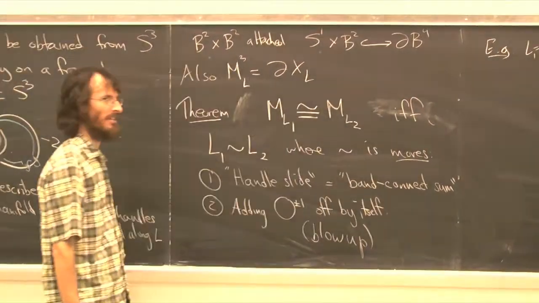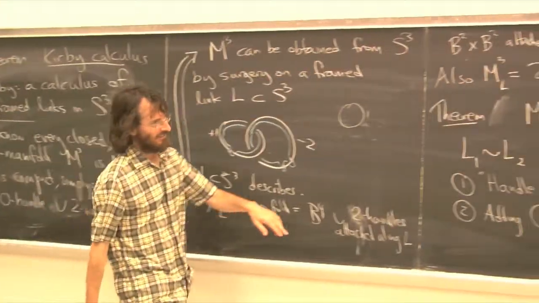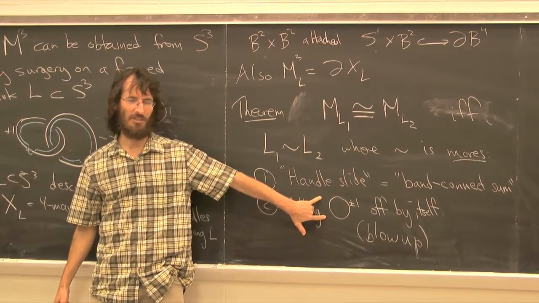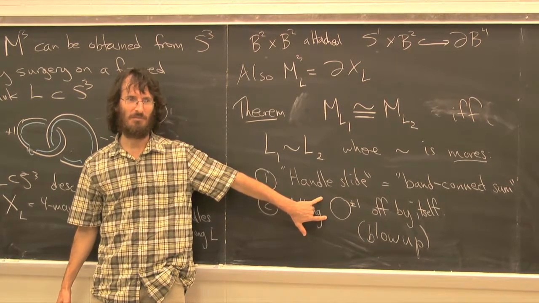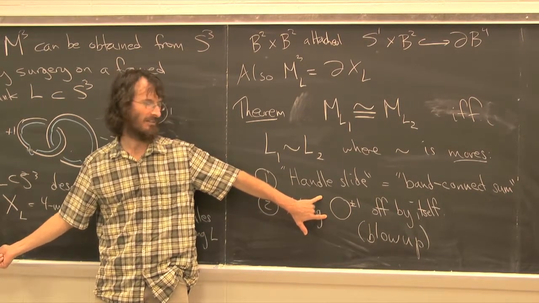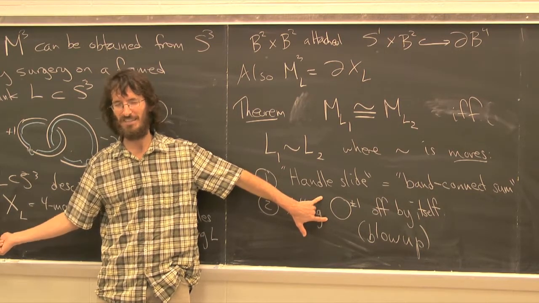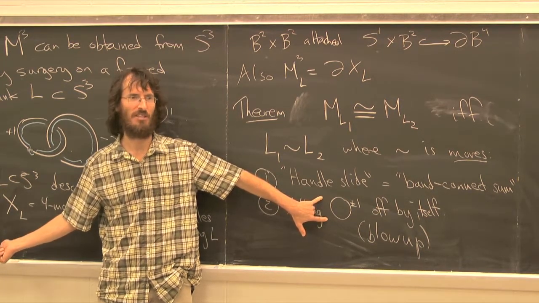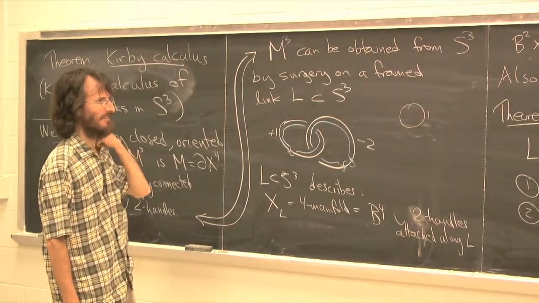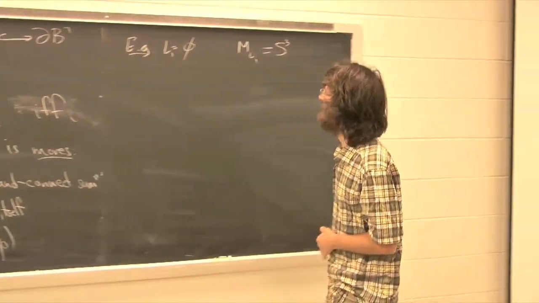The reason it's called blow-up is because, if you've done any algebraic geometry, we'll see later that adding a +1 corresponds to connect summing with complex projective plane, and if it's a -1, connect summing with CP2 bar, the reversed orientation, and that's exactly what a blow-up operation is in algebraic geometry. But it's a little bit misleading to call that 3-manifold operation a blow-up, though it all comes from the same thing.